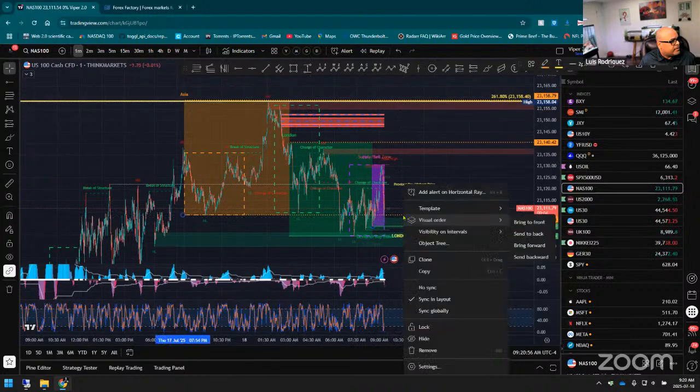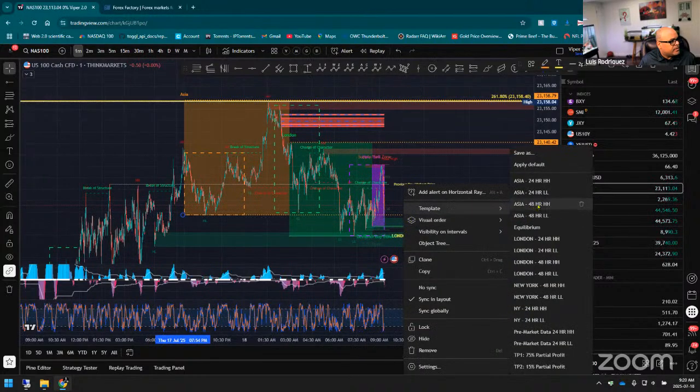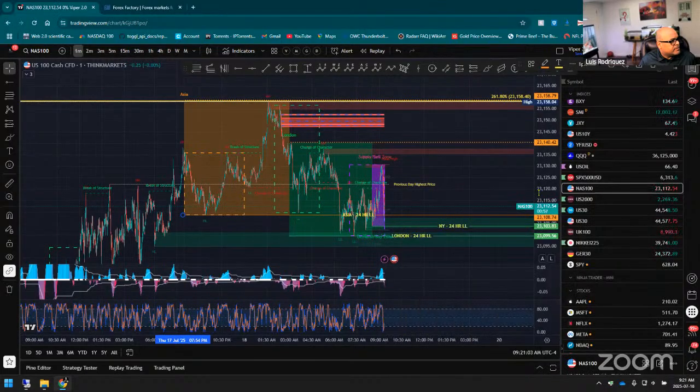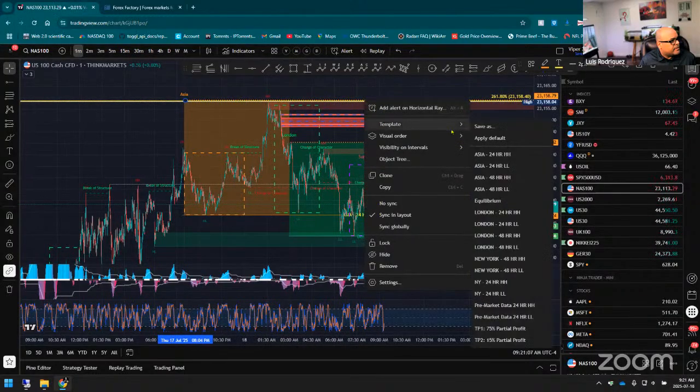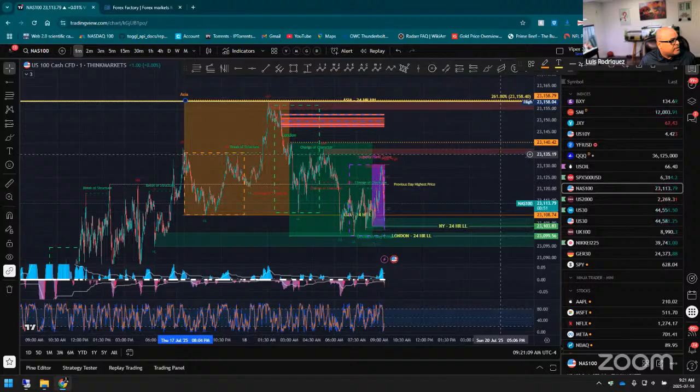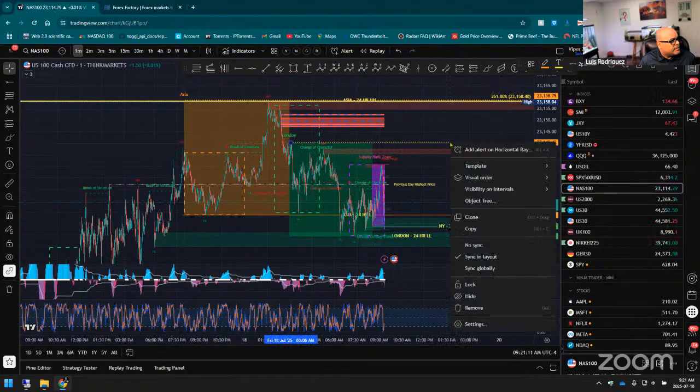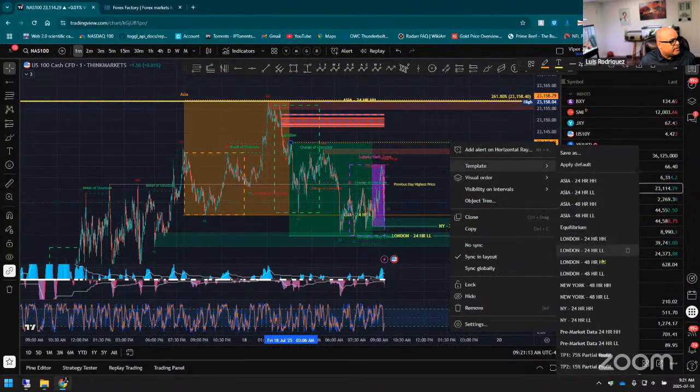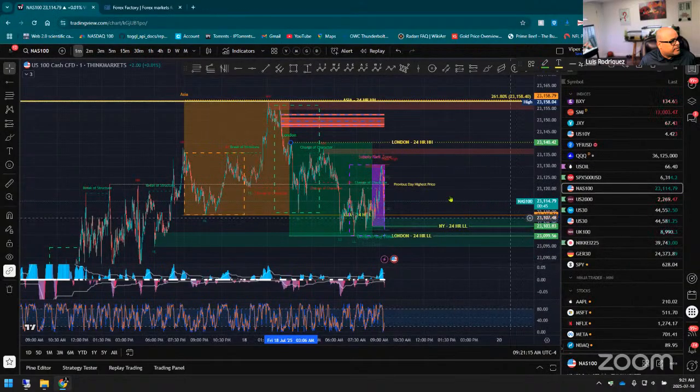Asia low in the last 24 hours. Perfect. I want to see Asia high in the last 24 hours. London high in the last 24 hours. There you go. And that's going to be our liquidity indications for today.